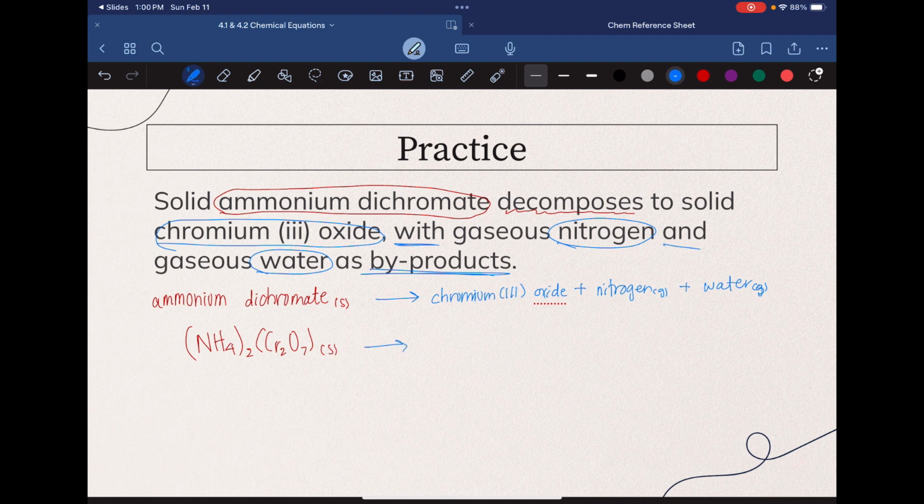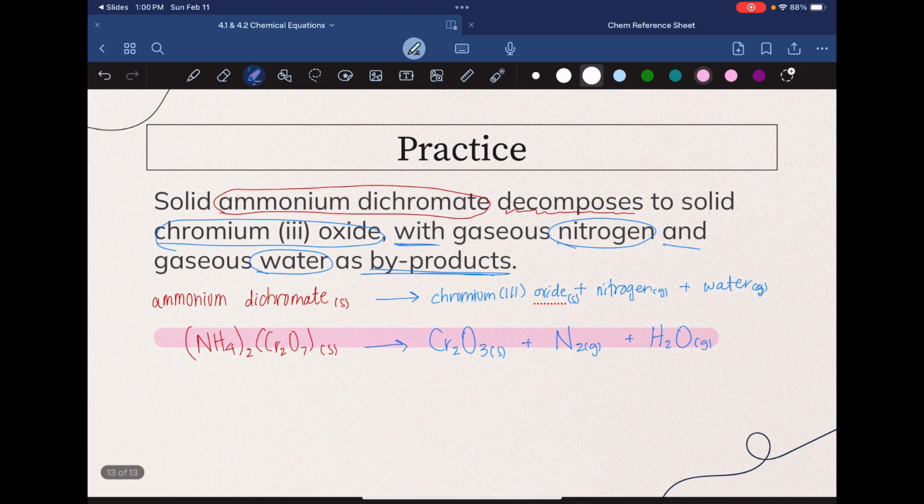Switching colors to chromium(III) oxide, which is Cr2O3, which was a solid, plus nitrogen, which is a diatomic, so it's N2, and water we know is H2O, and it's also gaseous. So there we have it. This is our chemical equation for that. And that's the last practice problem. So have fun doing the homework. Send me an email if you're confused, but there it is.